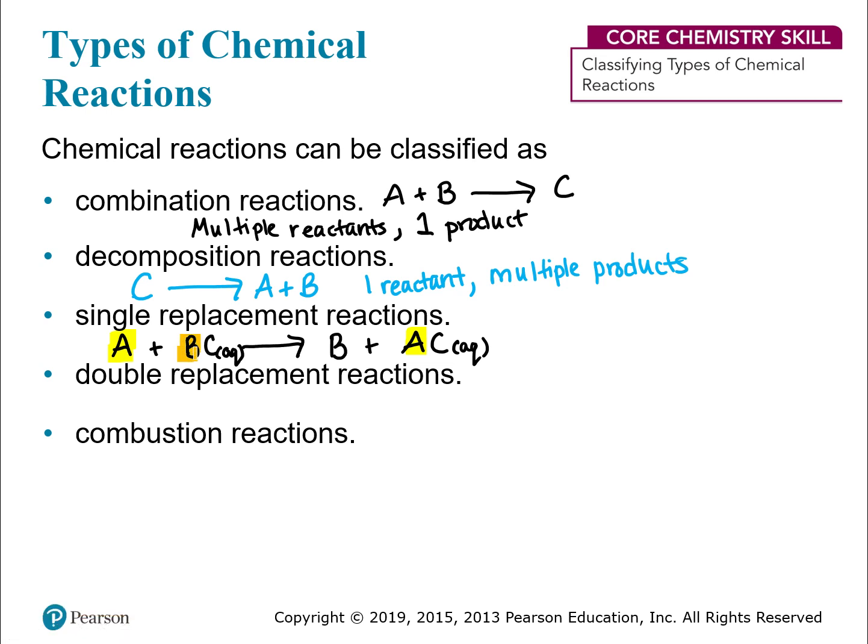The less active metal will precipitate out. And what that means is it's going to form a solid. The highlighting is to help you keep track of what's where. So let me give a color to the C as well.